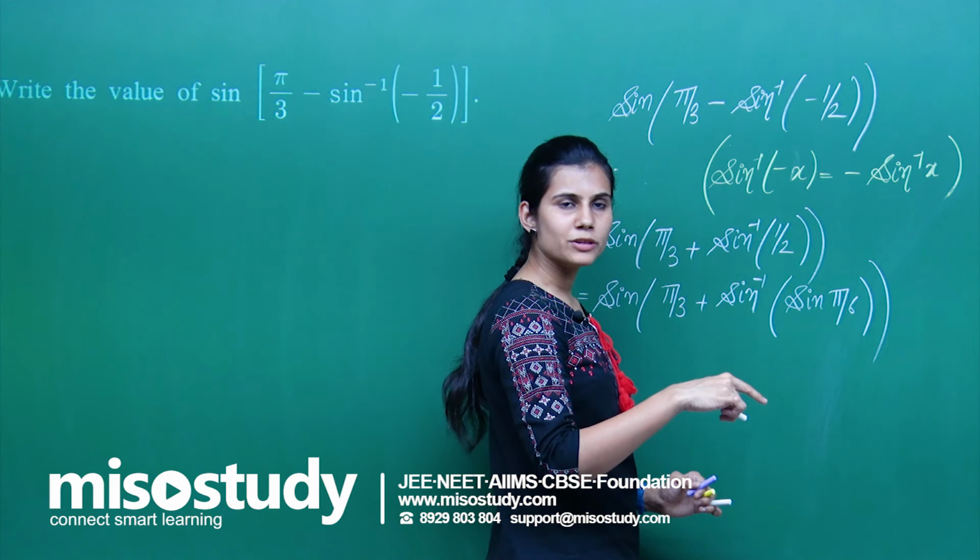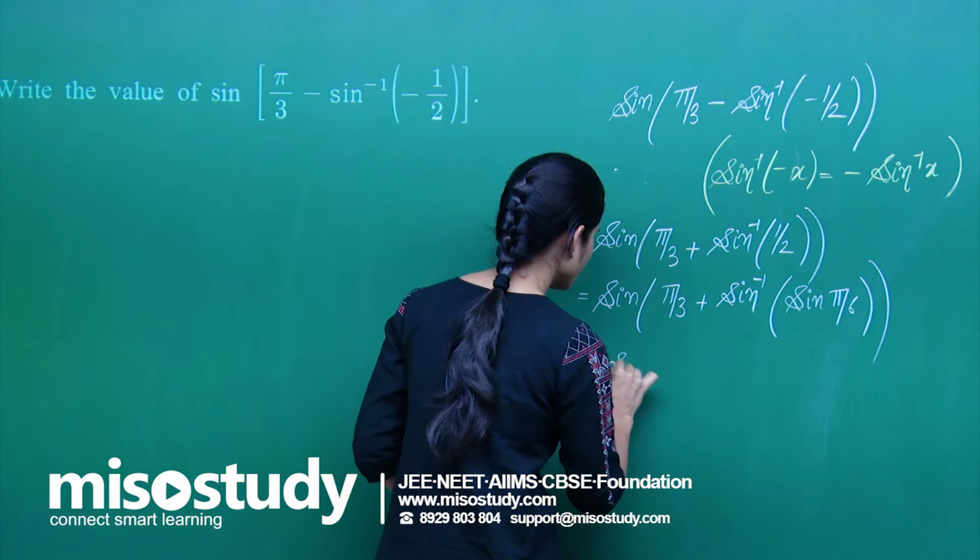And so the next step is sine of pi by 3 plus pi by 6, which is sine of 2 pi plus pi, 3 pi by 6, which is sine pi by 2, which is 1, and therefore the value of this expression is nothing but 1.